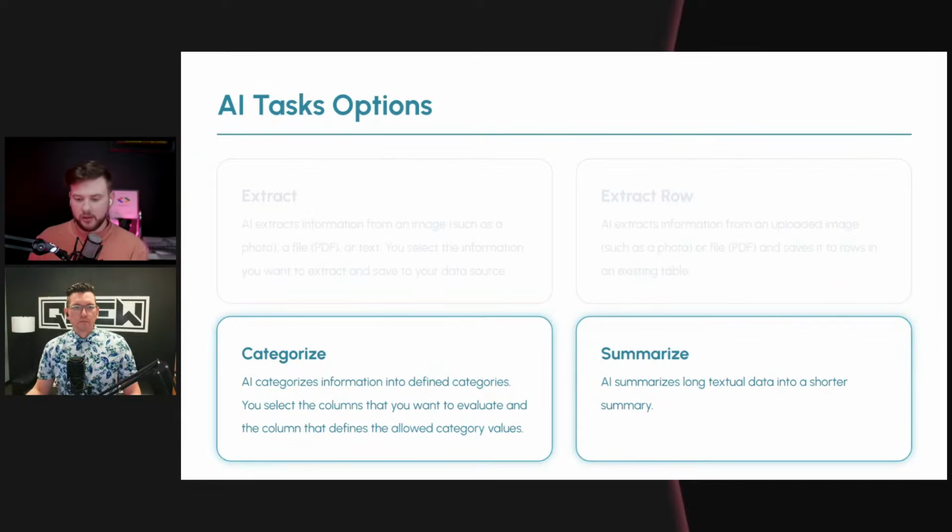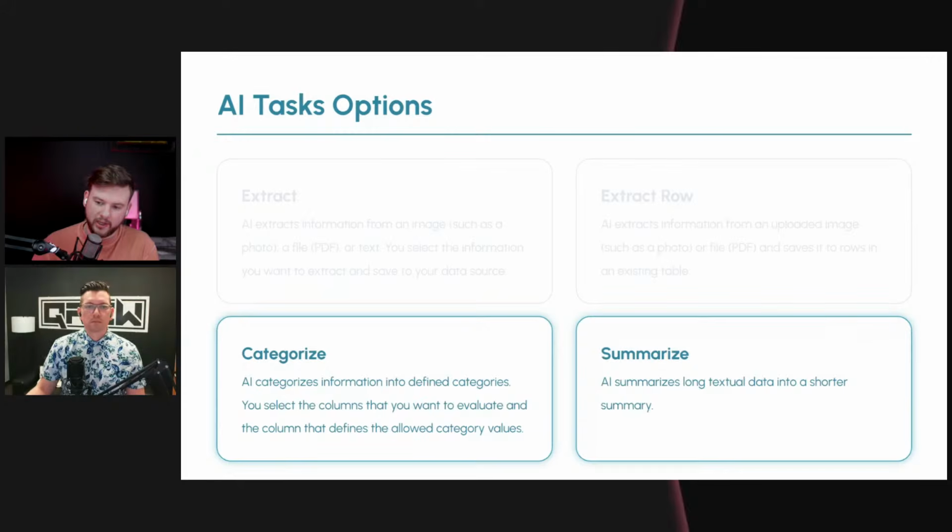Or it would fit your vinyl record into a genre, or your image into a color grouping or something like that. It takes a group of text values and creates a category from that. It's able to use your enum fields, so you have predetermined categories for it to fall into.